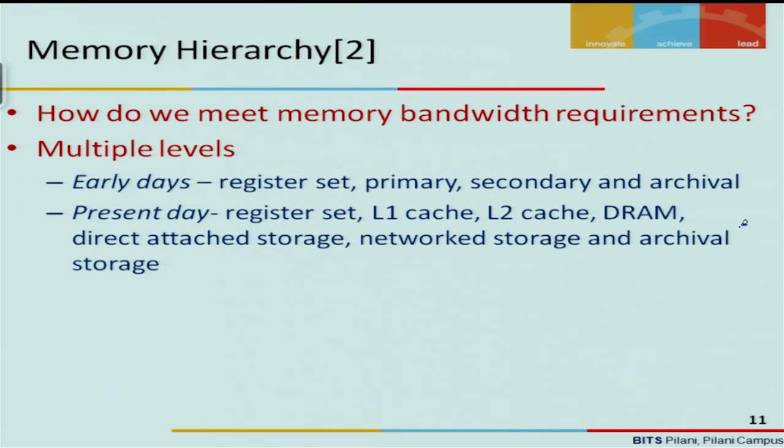Again the register set is there, then multiple levels of cache memory have been introduced. Here it is L1, L2 cache, and nowadays even systems have up to L3 caches: L1, L2, L3. So 3 levels of cache memory are there between the processor and the primary memory. After the cache levels you have the primary memory and then direct attached storage, which is formed in the disk.